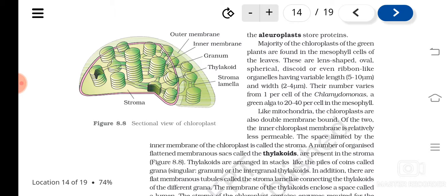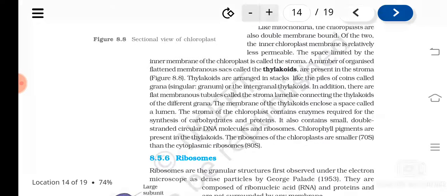The dark reaction takes place in the stroma, and the light reaction in the grana. Then the matrix has its own DNA and ribosomes, which are similar to those of the prokaryotic cell. Because of this, the chloroplast is also an example of a semi-autonomous organelle.